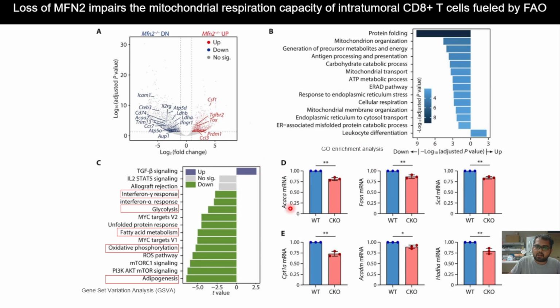All the genes shown here are involved in the de novo synthesis of fatty acids inside the cells, and they all go down, and CPT1 also goes down. So the available fatty acids cannot go much inside the mitochondria in the knockout. Overall, this suggests that loss of MFN2 impairs the mitochondrial respiration capacity of intratumoral CD8 T cells fueled by fatty acid oxidation.